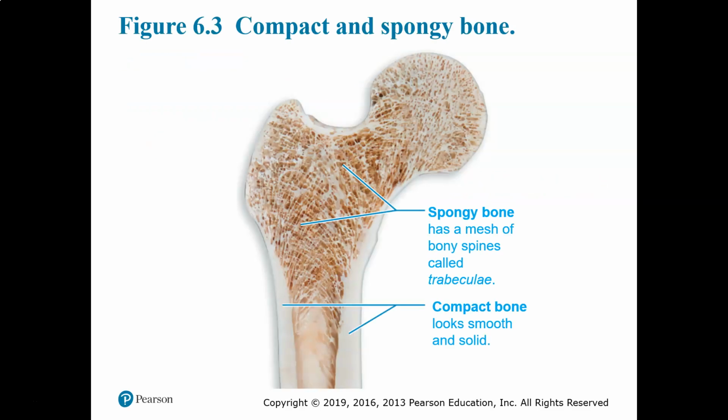Here is an example of spongy bone in the epiphysis of the femur. This is your thigh bone. This is showing you the head of the femur and the neck, and the greater trochanter, as we'll review when we get a chance.